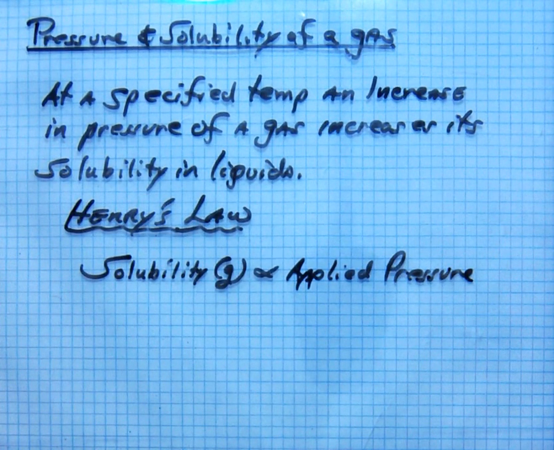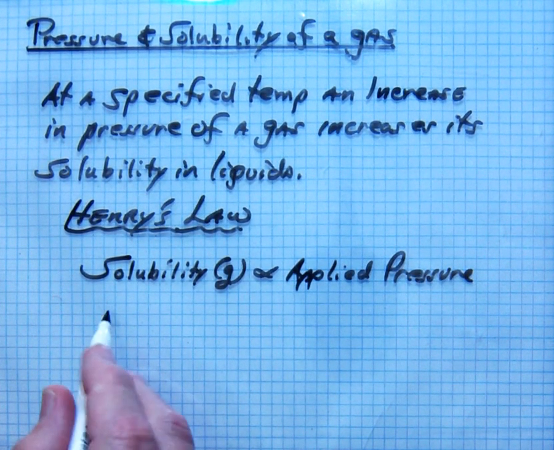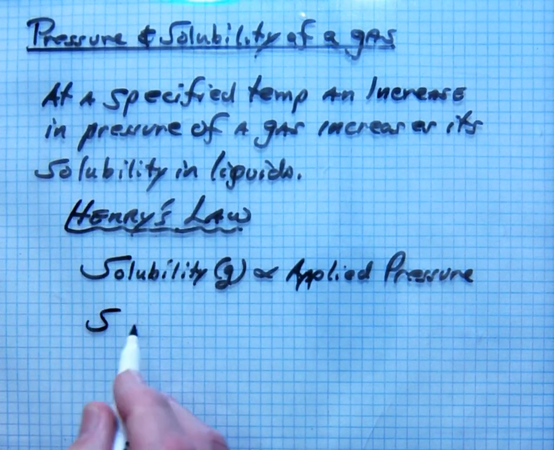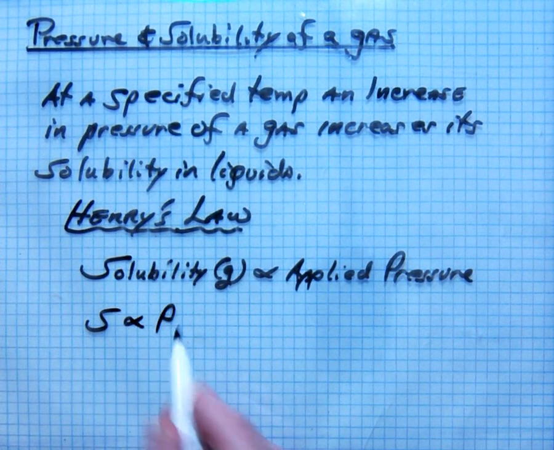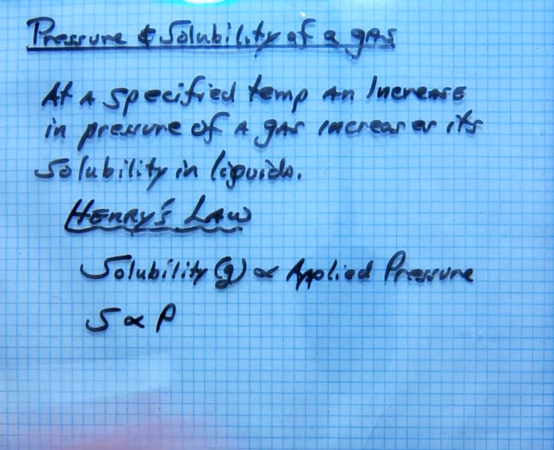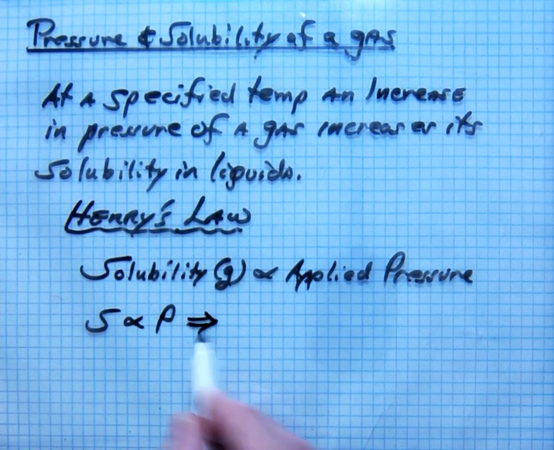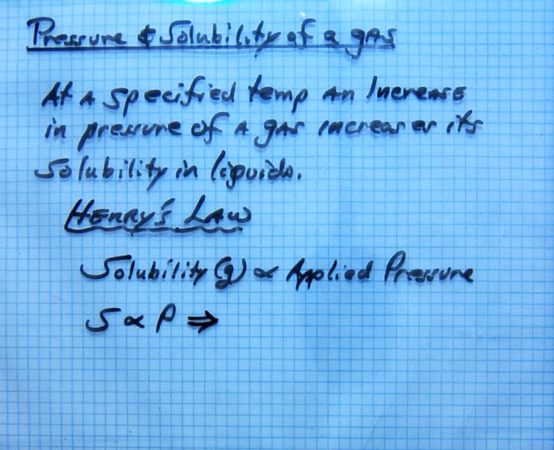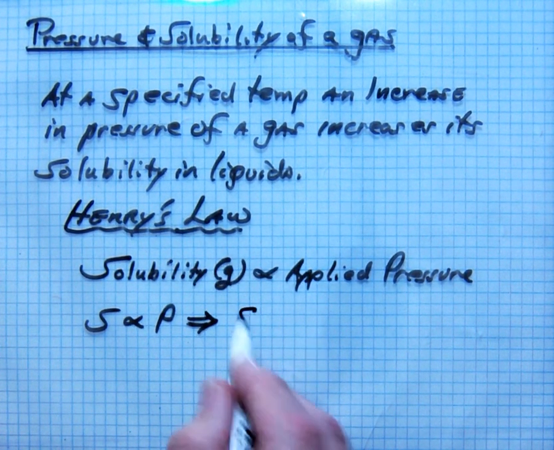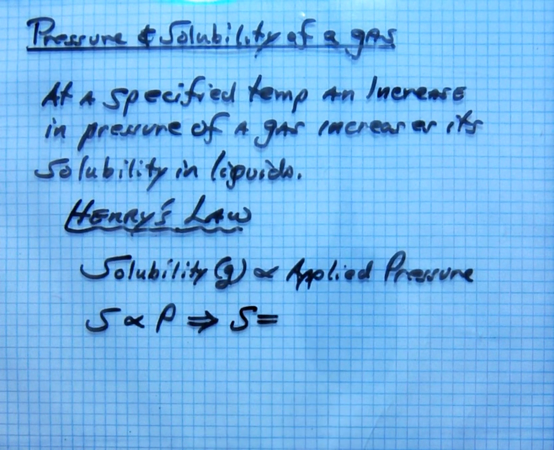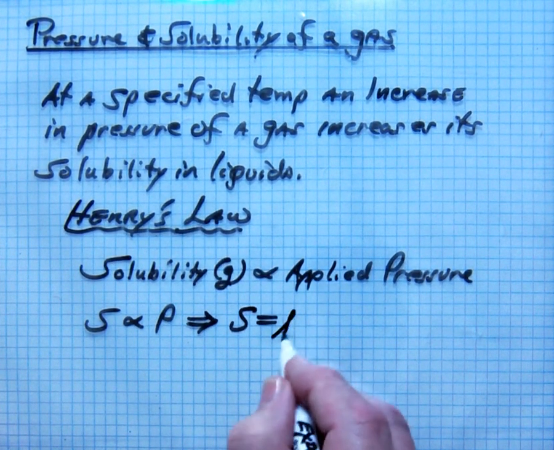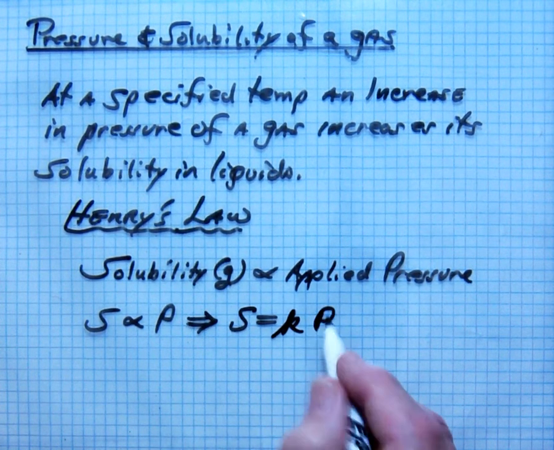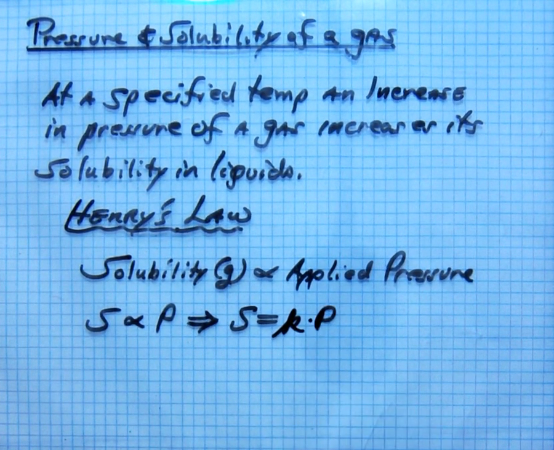In an empirical relationship, we simply use S proportional to the pressure of the component. If you recall how we dealt with proportionalities in the gas laws, this is treated the same way: making this into an equation requires inserting a proportionality constant times the pressure.